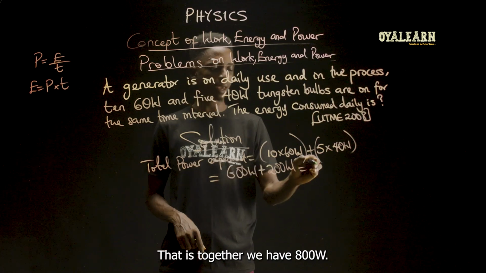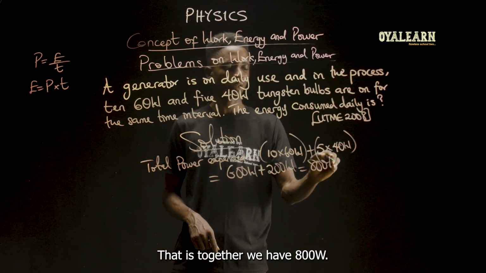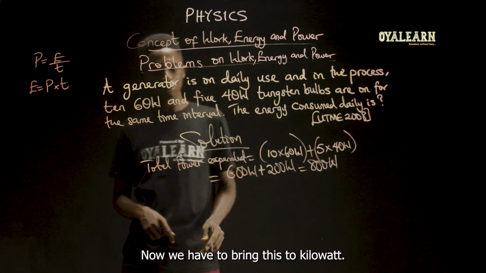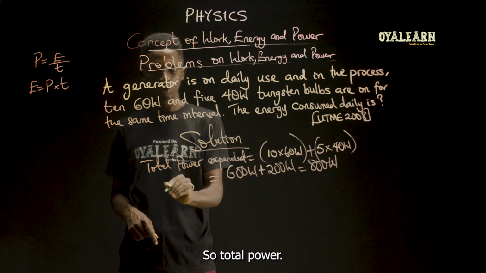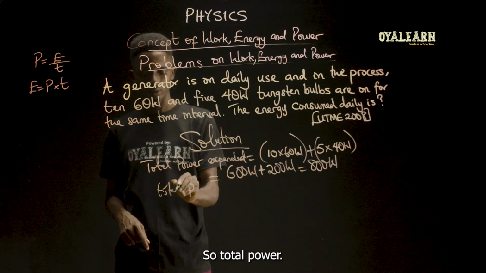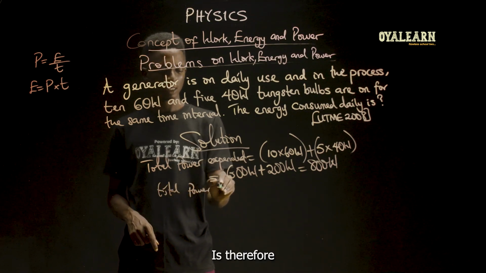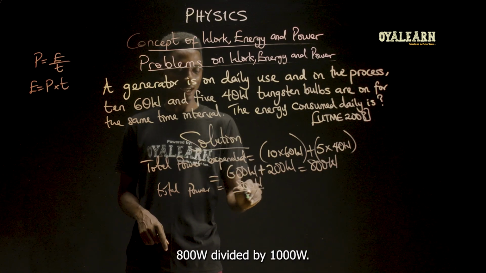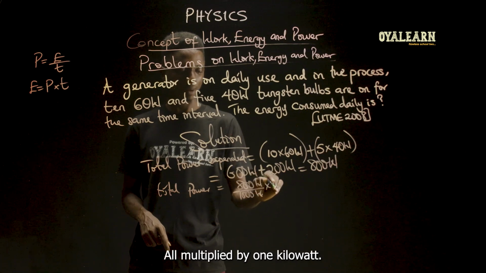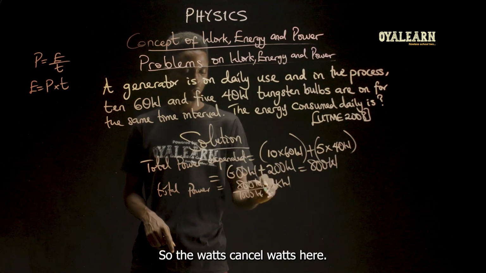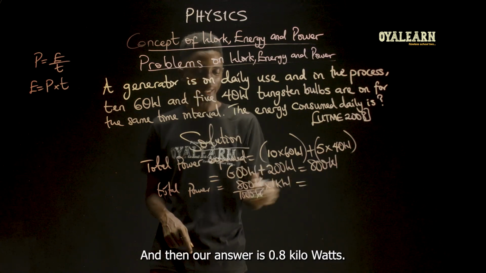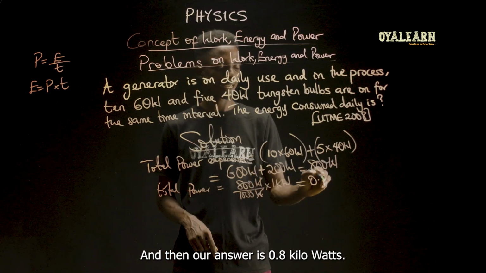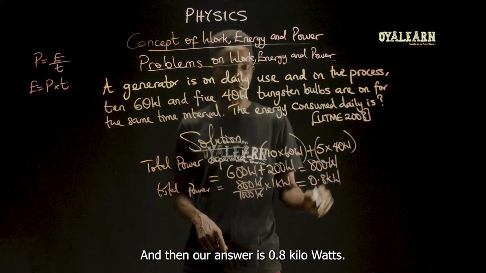That is, together we have 800 watts. Now we have to bring this to kilowatt, so total power is therefore 800 watts divided by 1000 watts, or multiplied by 1 kilowatt. So the watts cancel, and then our answer is 0.8 kilowatt.